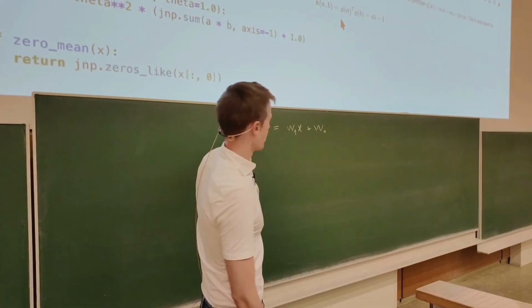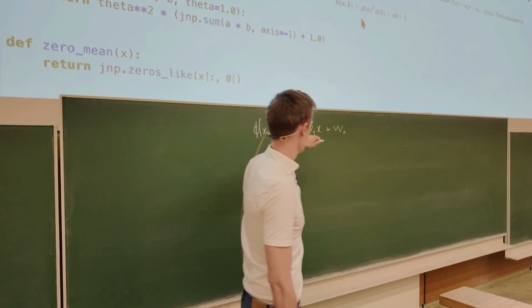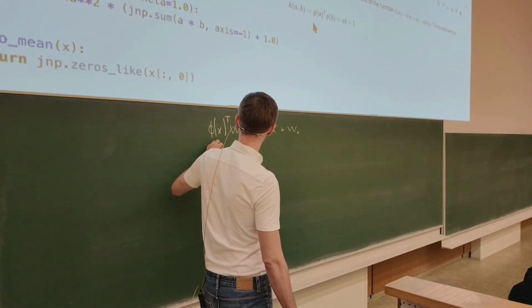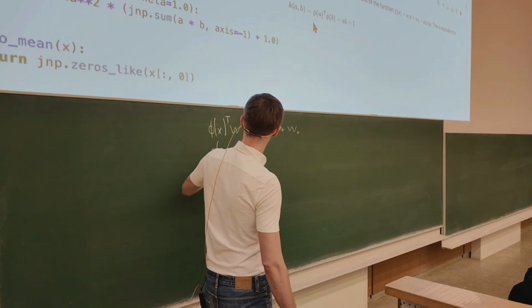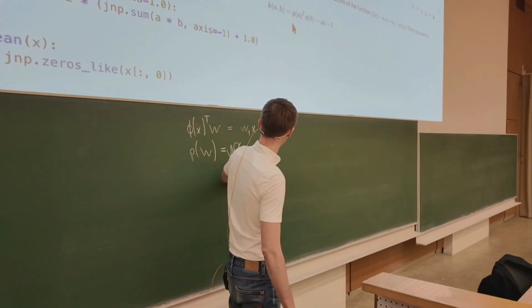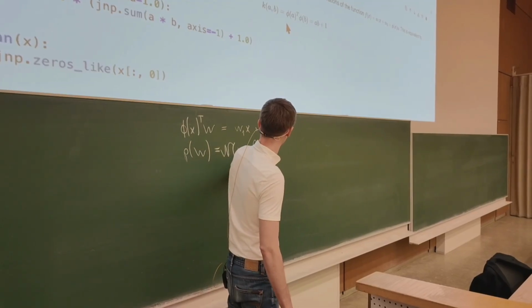And this is a sort of a parametric model. But if you think of the covariance between these function values, we could use a standard Gaussian prior that says our p of w is Gaussian, for w with mean 0 and covariance 1.